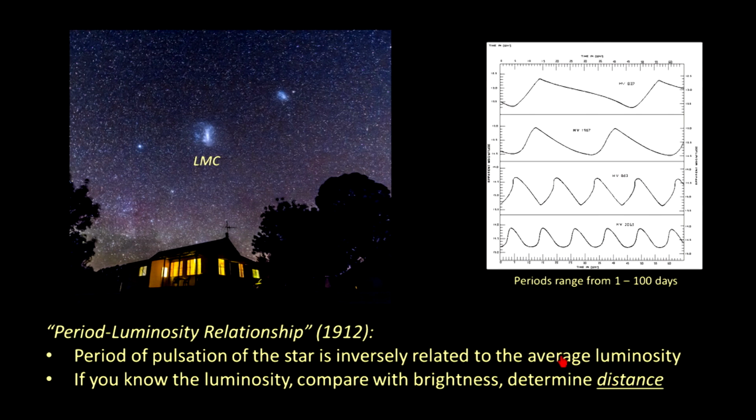Now the reason why this period luminosity relationship is so very critical is because when you look at the Large Magellanic Cloud, we don't know how far away that is. What we can do is measure the period of pulsations of the variable stars in this galaxy, and from that we get the distances to those Cepheid variables.